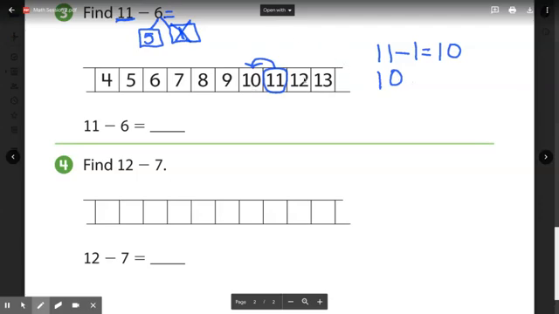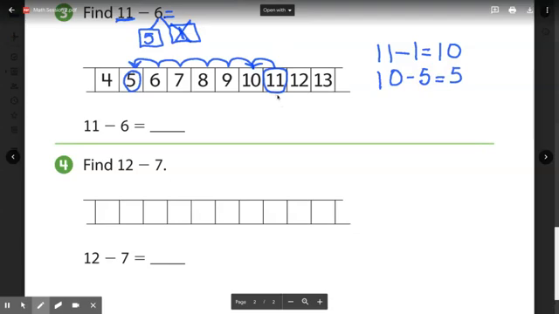I have to go 10 minus 5 more. Here we go. 1, 2, 3, 4, 5. How many of you recognize that that was a double? Good. You should have. 10 minus 5 is 5 because 5 plus 5 equals 10.